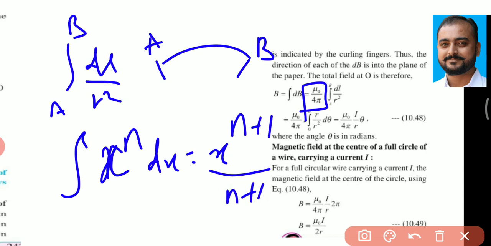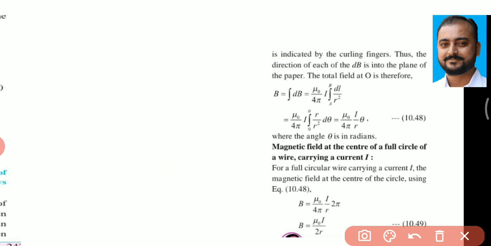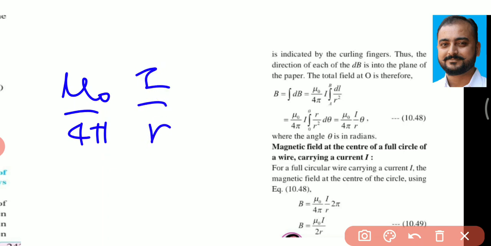According to that, as you solve it, you have a simple value, that is mu 0 upon 4 pi I divided by r into theta, where theta is the angle in radians.